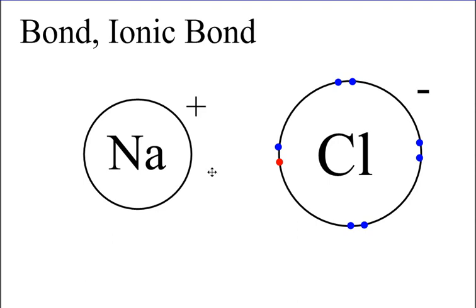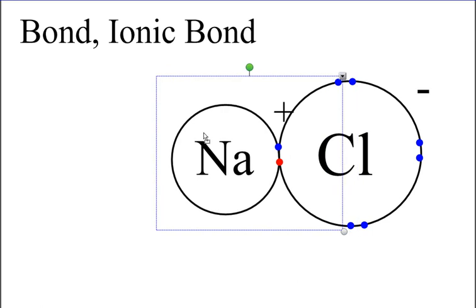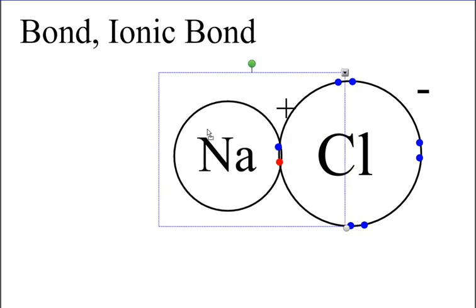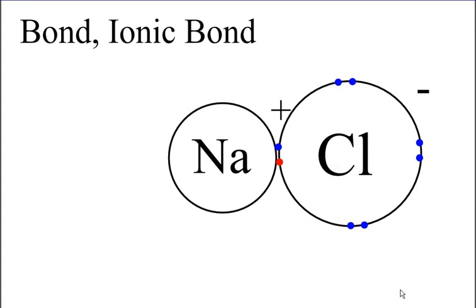The attraction for a positive and a negative atom or ion is extremely strong, and separate they have far more energy than they do when they are together. I don't want to show them overlapping because they're not sharing anything. They are simply conforming to their lowest energy setting, which is together.